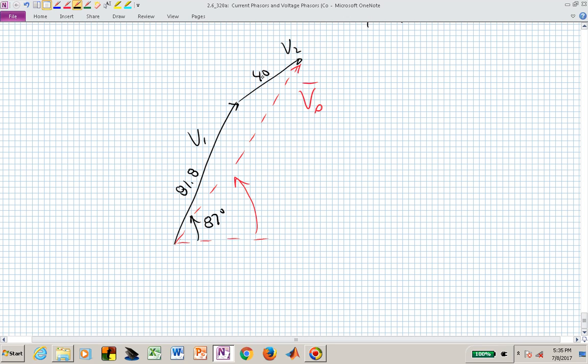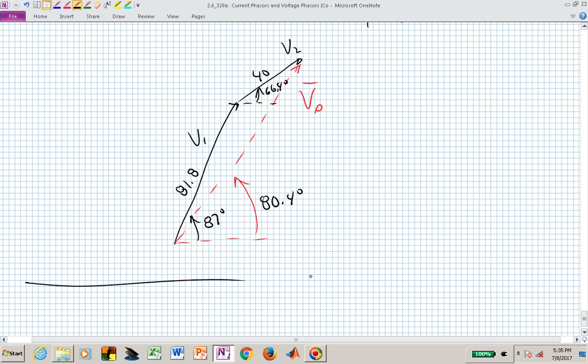This length was 40, and it had an angle of 66 degrees. And V sub s had an angle of 80.4 degrees. Again, those three lines don't add up. They add up only if you consider them as vectors.